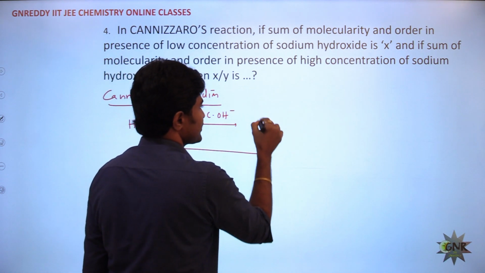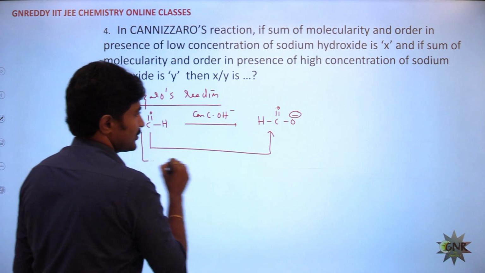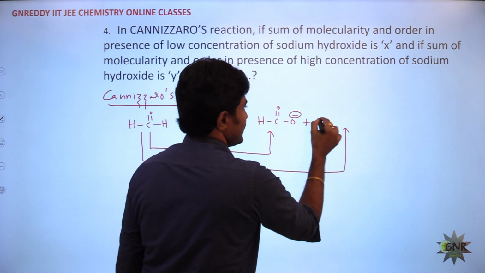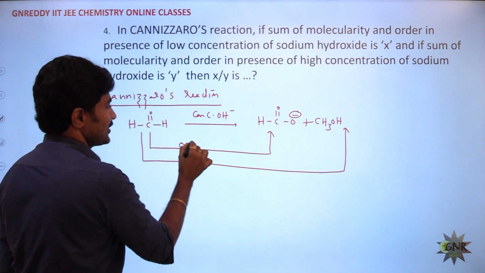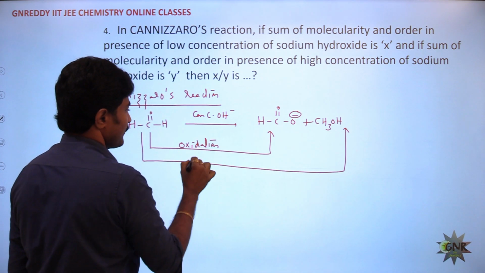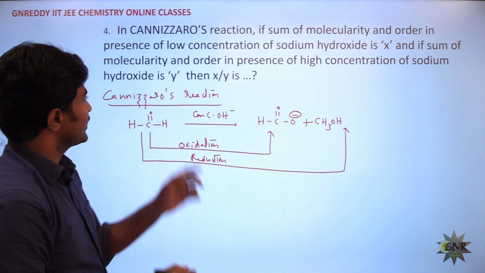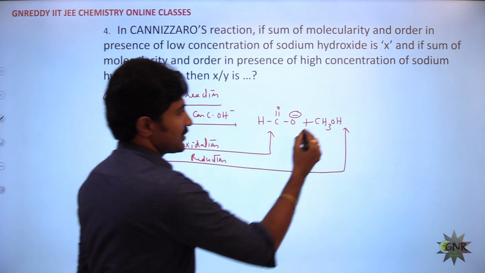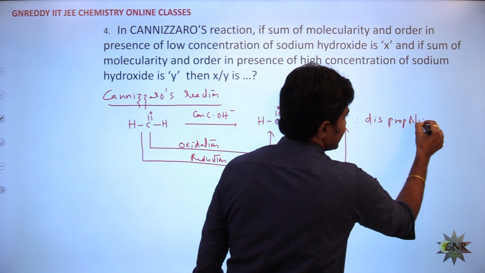One undergoes oxidation and another undergoes reduction. So this is CH3OH, and this is the oxidation, this is the reduction, which is a disproportionation redox reaction.